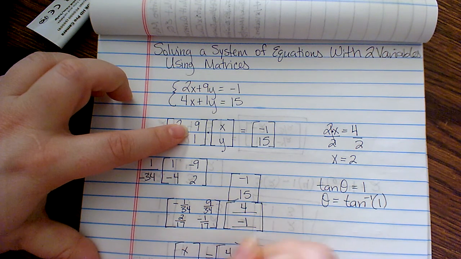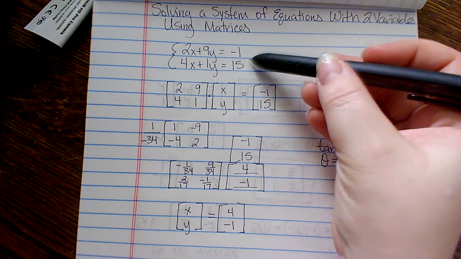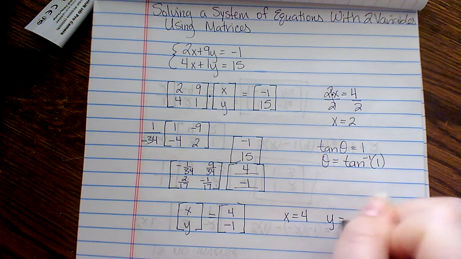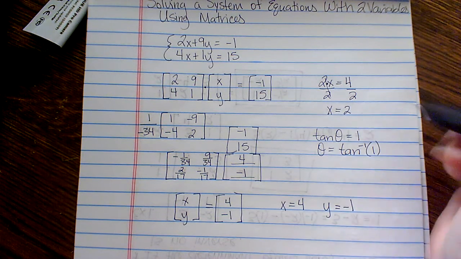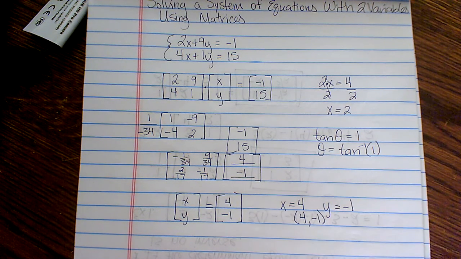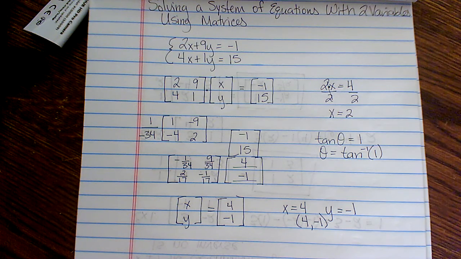That means the solution to this system has x equals 4 and y equals -1. We learned back in Algebra 1 that the solution to a system can be written as an ordered pair (4, -1), because that's the point where those two equations intersect each other on the graph. So that's it.